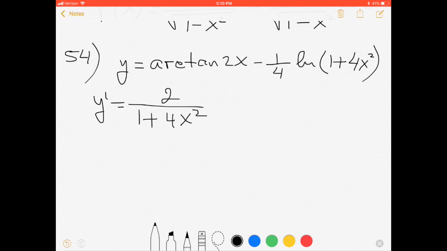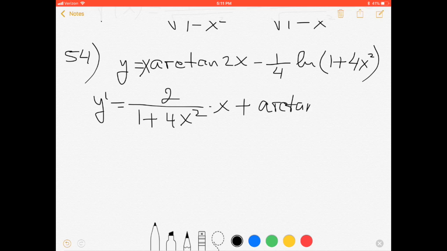Ooh, I think while doing this I forgot something, sorry. We did it absolutely right, but in number 54 we have x times arctangent 2x. Because I first found the derivative of arctangent 2x, this means multiplied by x, plus the derivative of x, which is 1, times arctan 2x.